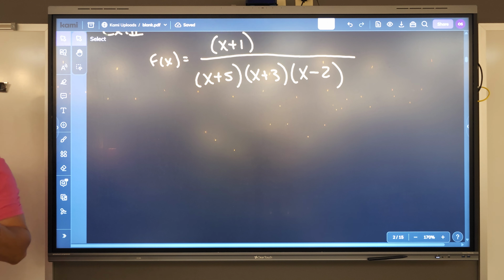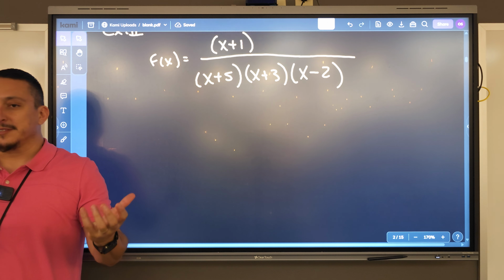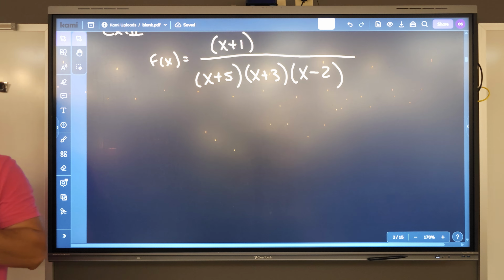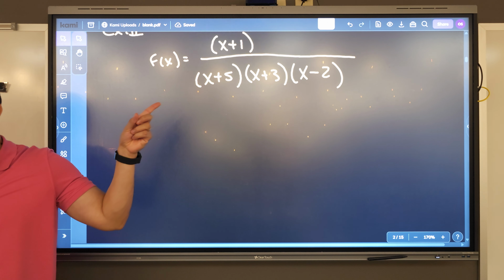When I have a parentheses and another parentheses next to it, what are the parentheses trying to do to each other? Multiply, okay? So if one of these parentheses is 0, what's 0 times anything? 0. So none of these three could be 0, because if any of these three are 0, they're going to make the others turn into zeros.